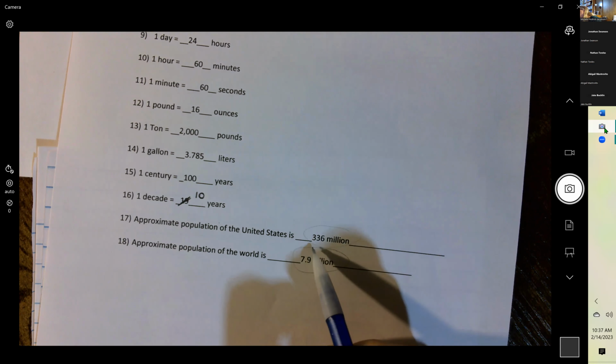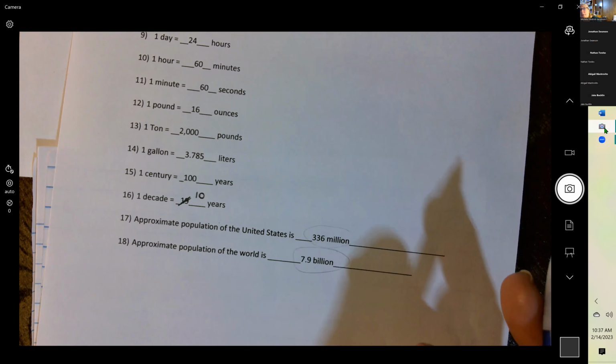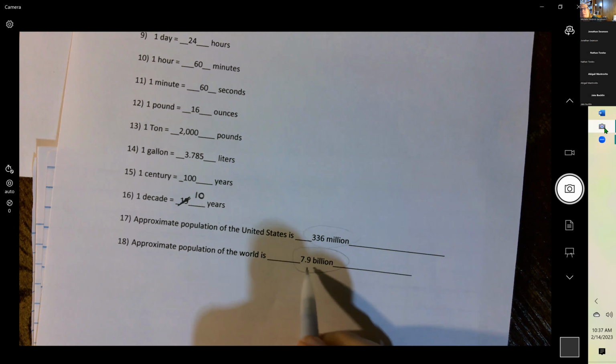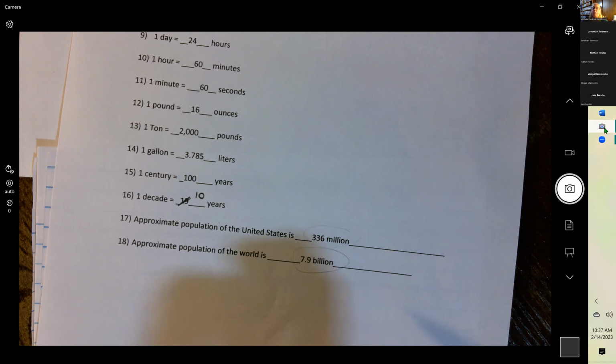I would take anything from 300 million to 340 million, and then 7.7 to 8 billion for this one. So you're just estimating, but these are on your to know sheet.